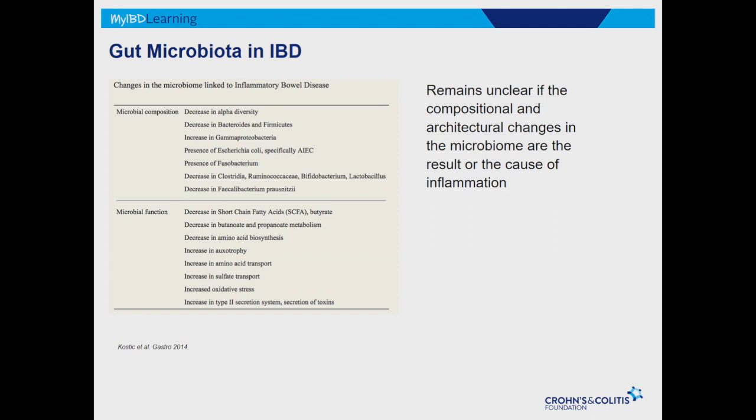So in IBD, we see an increase in amino acid transport, sulfate transport, oxidative stress, and a decrease in short-chain fatty acids, which are supposed to be helpful. So it's not just the type of bacteria, or type of microbes, right? It's more than bacteria, but also what they're doing and their products, which are really important. Although we really know very little, which is what this remark is. It remains unclear what's the most important thing, right? Is this chicken or egg, right?